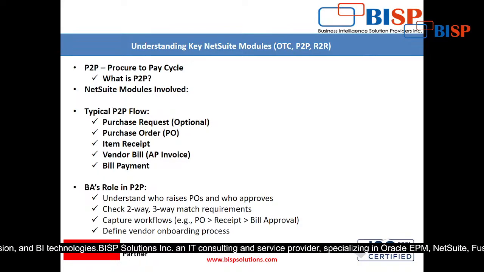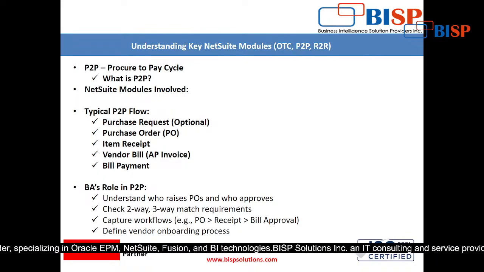I take raw material from a vendor, and that vendor is sending me the items, right? Whatever raw material I purchase, first the purchase requisition is created, it is converted into a purchase order, then item receipt. Item receipt means the vendor is sending me the items, that is called the item receipt activity.